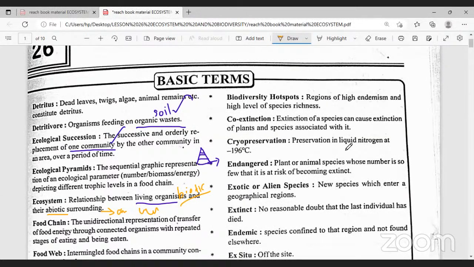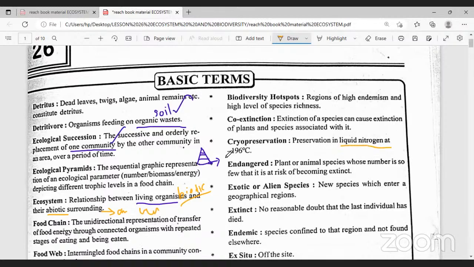Don't forget, my dear students, this was asked 4 to 5 times in questions. Liquid nitrogen at minus 196 degrees Celsius. That is very, very important, my dear. In 2017, 18, 19, they asked this question many times. Cryopreservation is a preservative method.